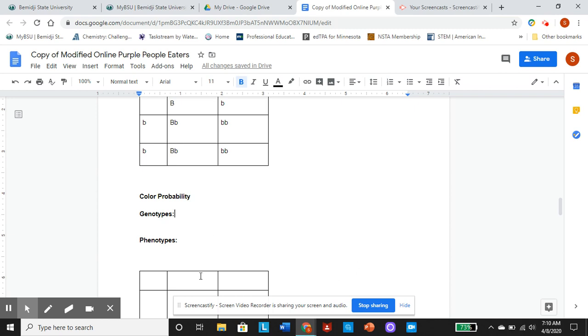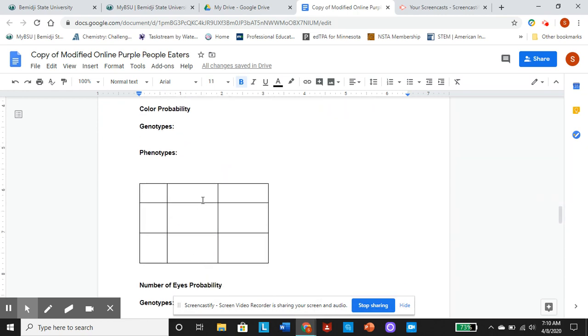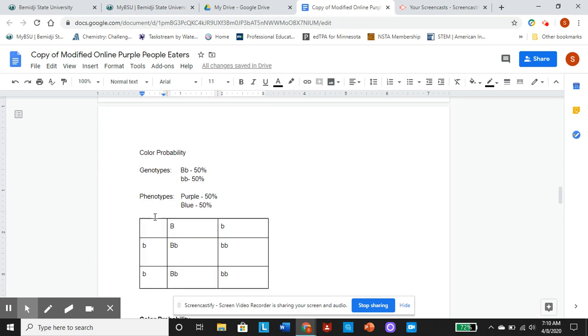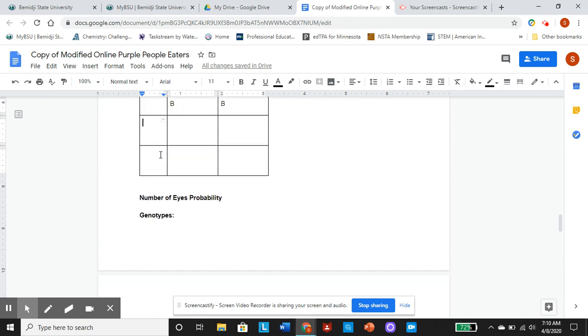So genotypes, I'm going to take parent 1 and put it across the top. So genotype, big B, big B. Then I'm going to take parent 2, put it on the sides. Big B, little b. And now I'm going to cross them.